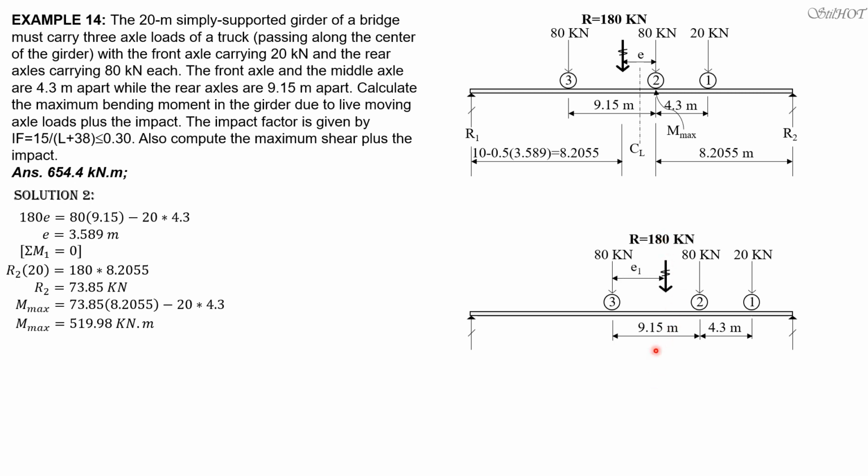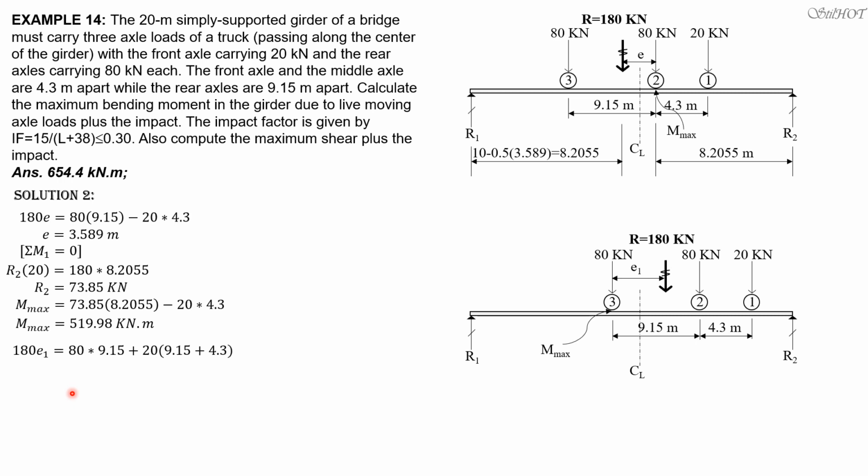So this is R. So this is E1. So E1 should be 9.15 minus E. All this is still R1, but this R1 is not equal to that R1, and this R2 is not equal to that R2, because the positioning of the loads is different.